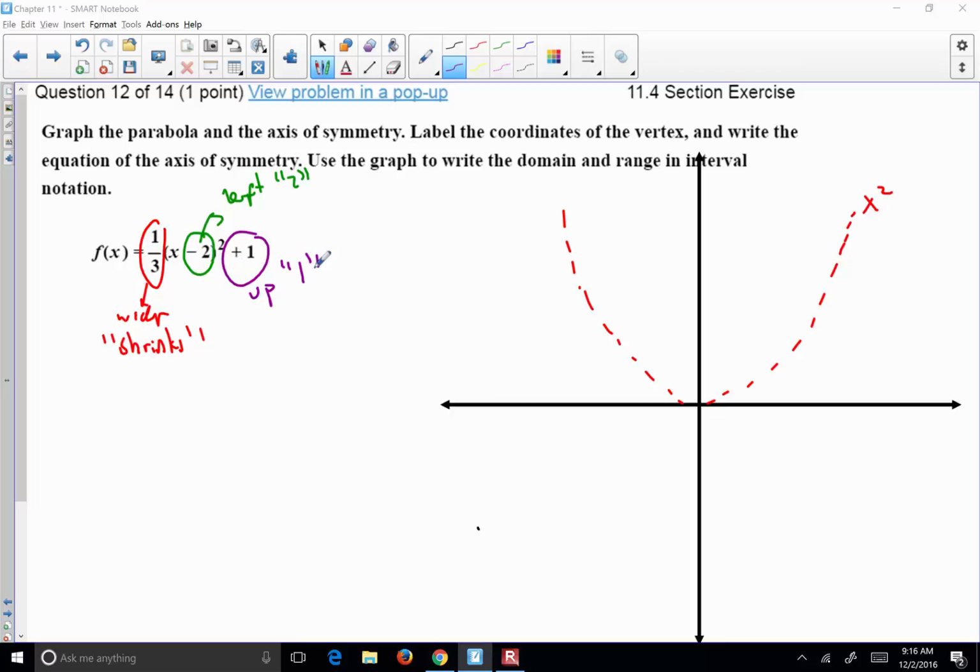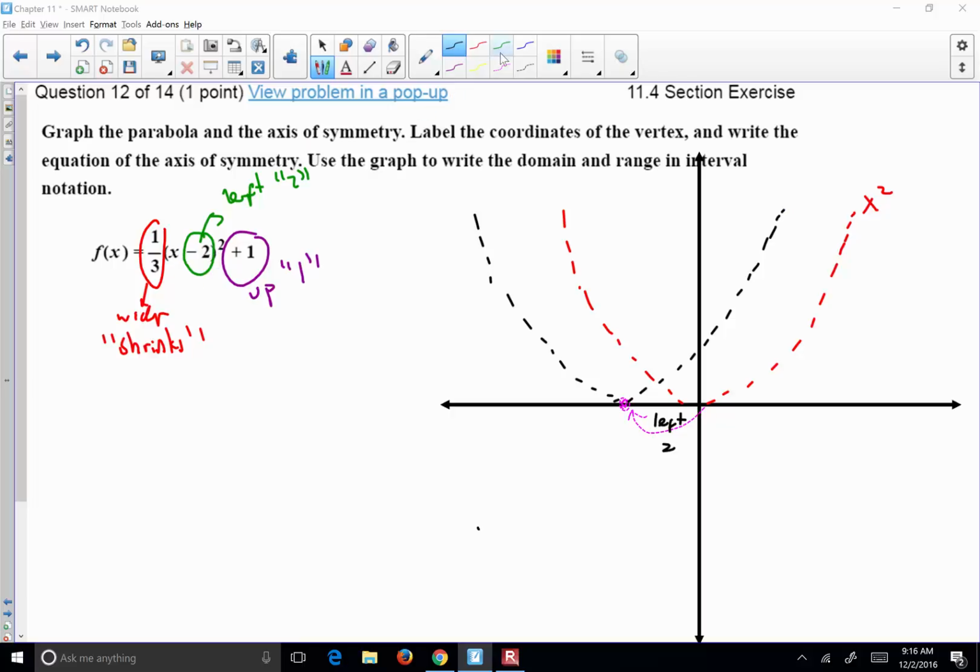Okay? So I'm going to first shift this thing left 2. And I have this picture now. No change in size. It's still the same width.